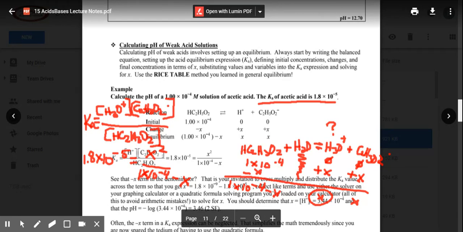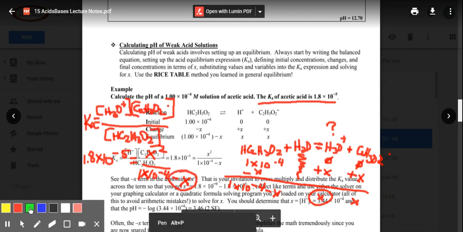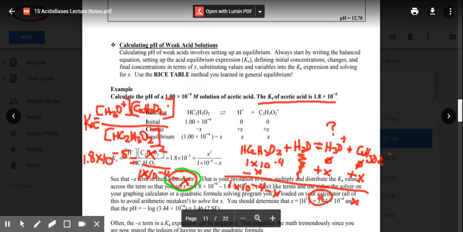Well, in chemistry, we have something called a 5% rule. Basically, what this 5% rule means is that you can figure out whether or not this x, let me use a different utensil so you can see which one I'm talking about, this x right here, is significant.